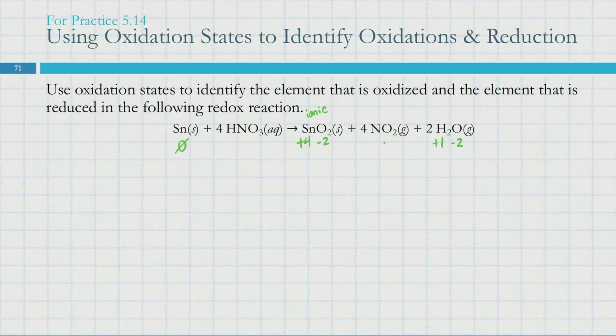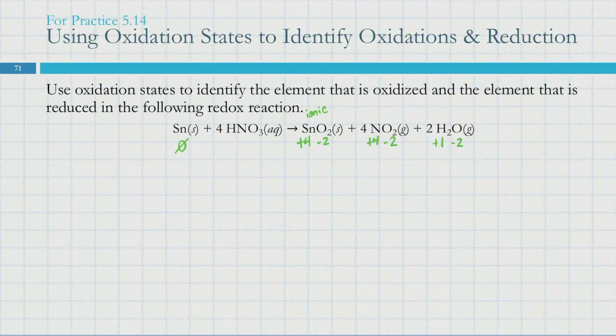So oxygen gets its preferred -2. -2 times 2 is -4. And so nitrogen gets a +4. Questions about any of these?